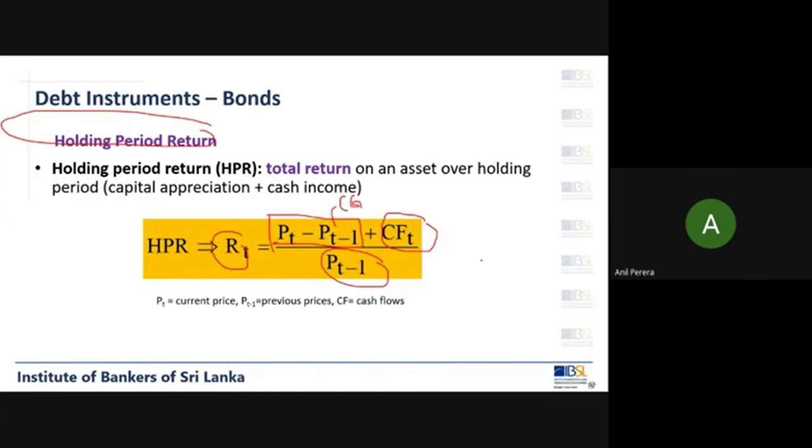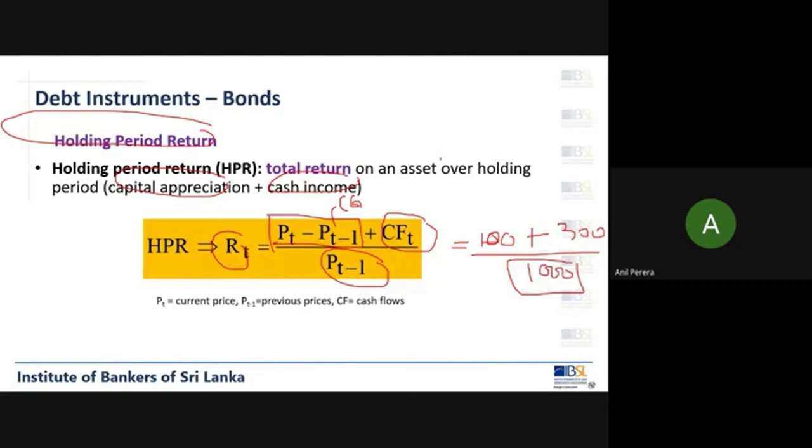Now in the previous example, cash flow was 300, and if your bond value has gone up to 1100, 1100 minus 1000 means your capital gain is 100, against the value of the original bond, 1000. So this concept is referred to as holding period return of an asset for a period of time. So holding period return is composed of two things: capital appreciation and cash income. Okay.